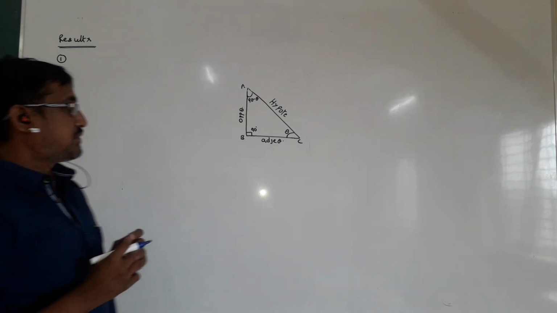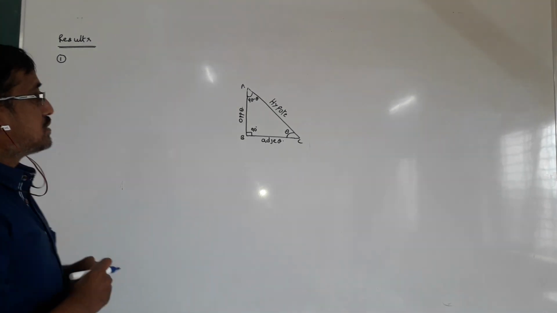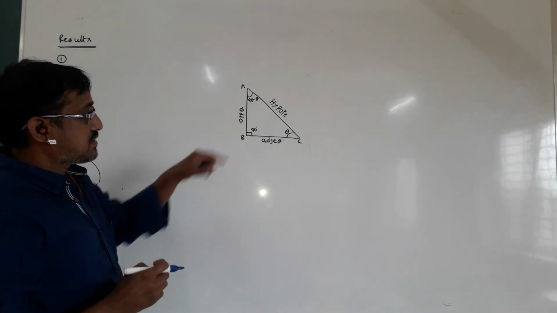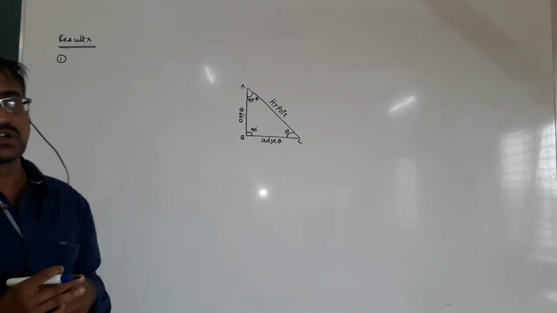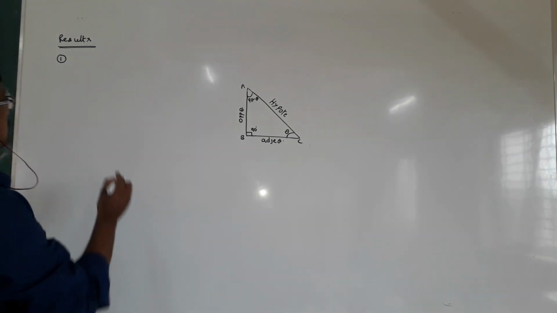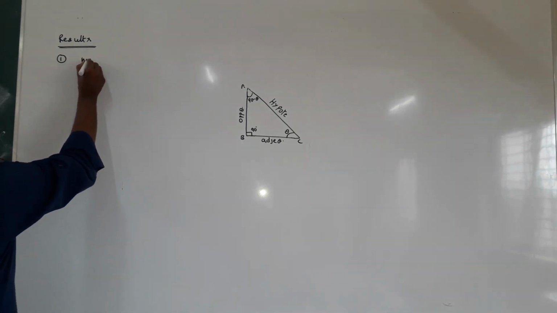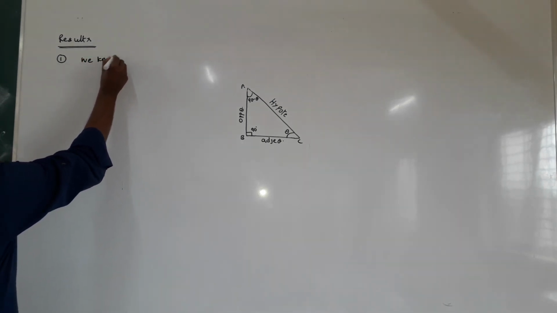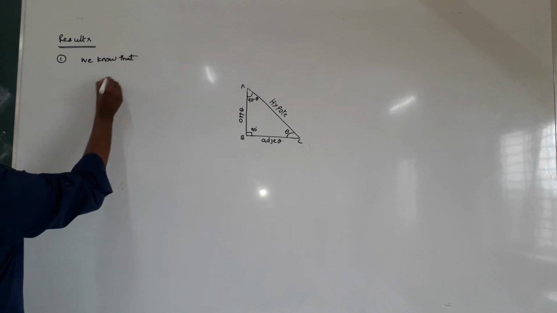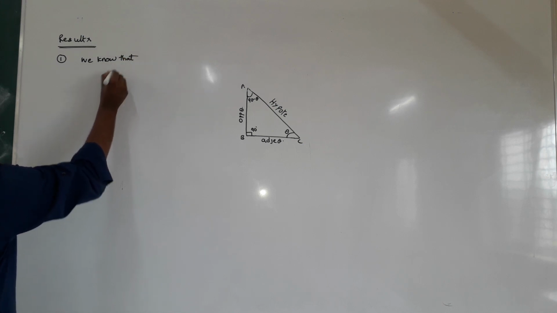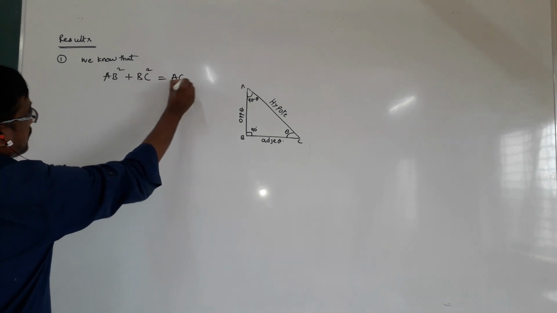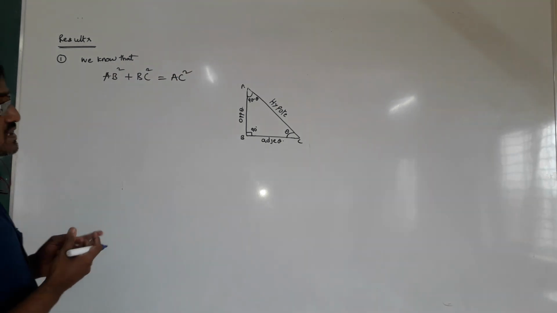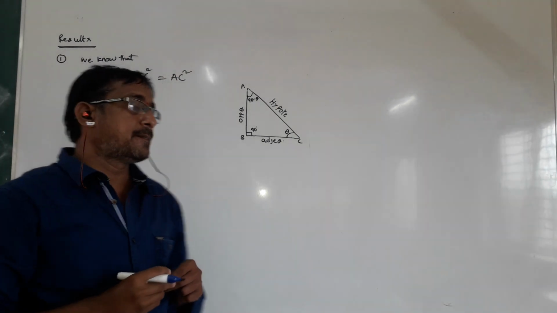Now we know that from Pythagoras rule, the sum of the squares of the sides in a right angle triangle is equal to the square of the hypotenuse. So we know that AB square plus BC square is equal to AC square, which is the Pythagoras rule.